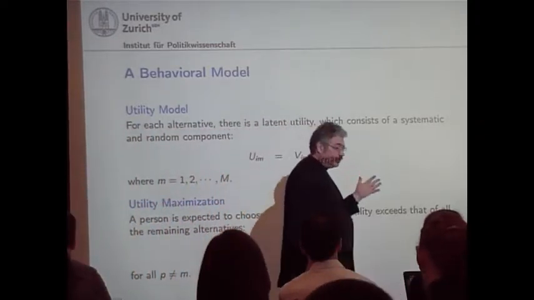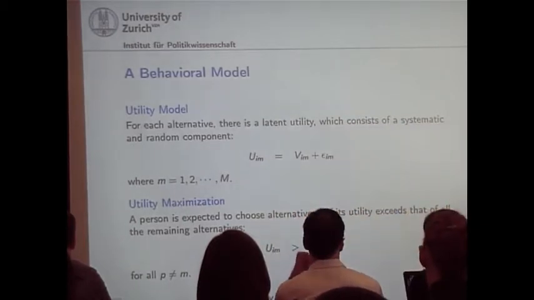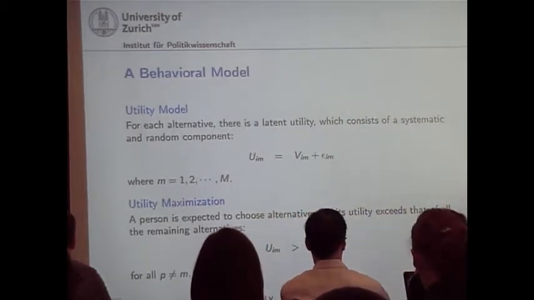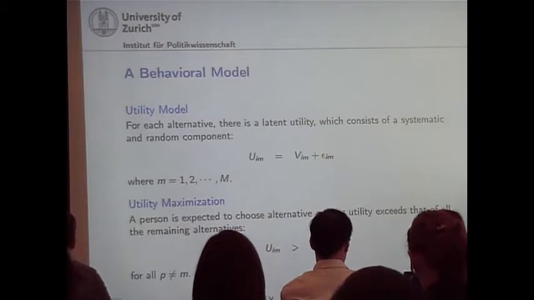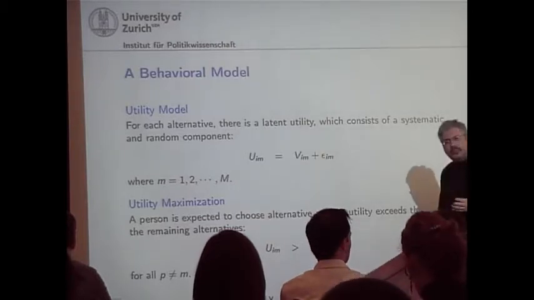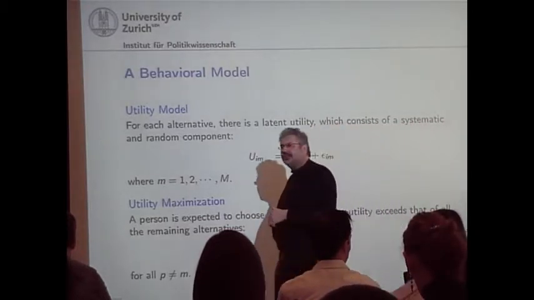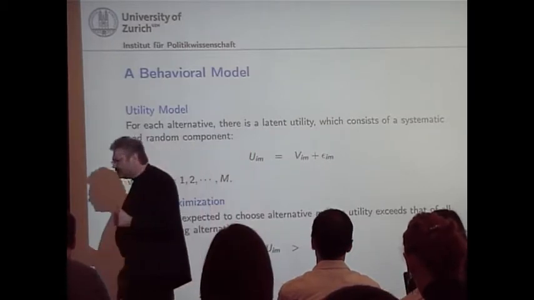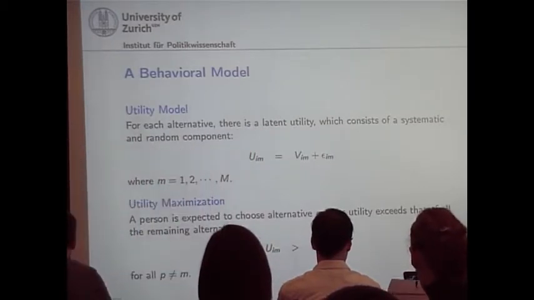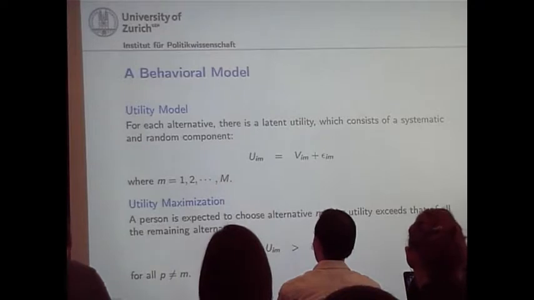So in a typical electoral setting, those might be things like party identification, issue preferences, candidate attractiveness, things like that.